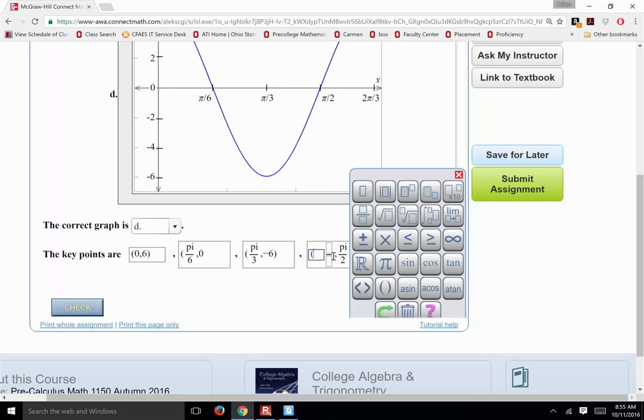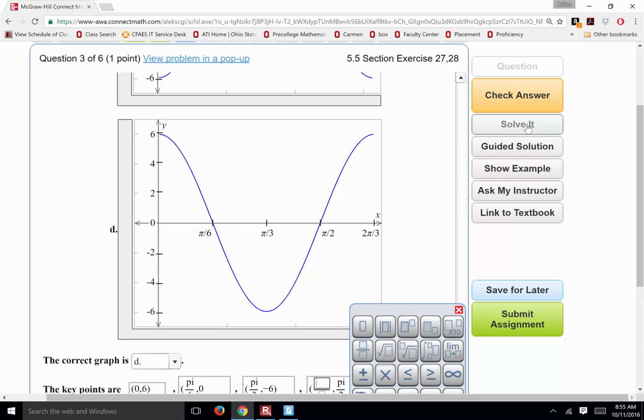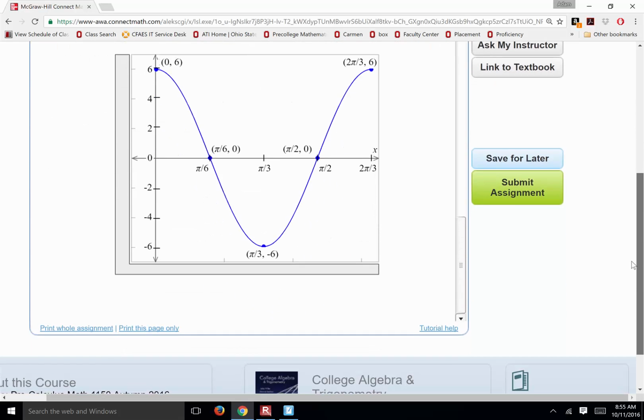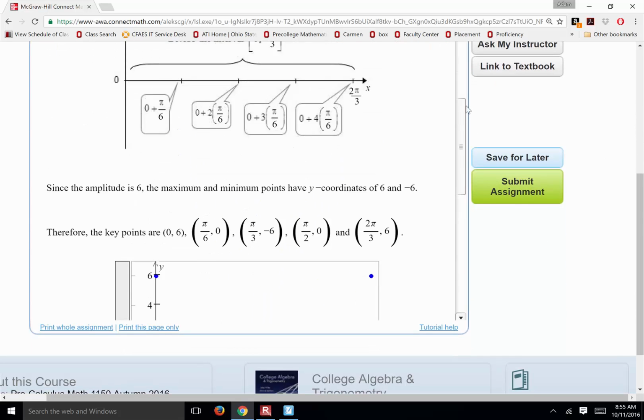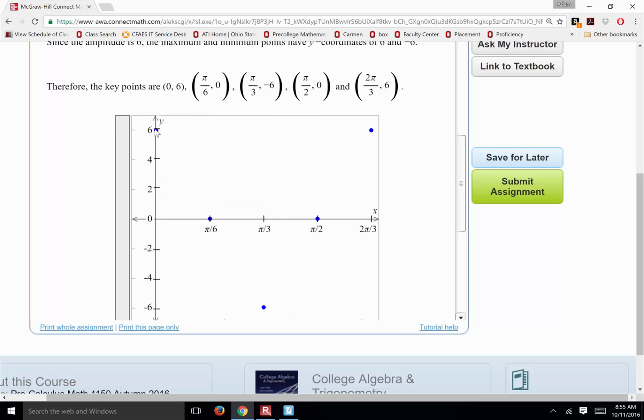Yeah, let's do that. Let's cheat. I don't want to waste time on it. As I said, they want the initial point, first intercept, minimum, second intercept, and last point in parentheses point notation. I was doing it right, but I don't have the patience.